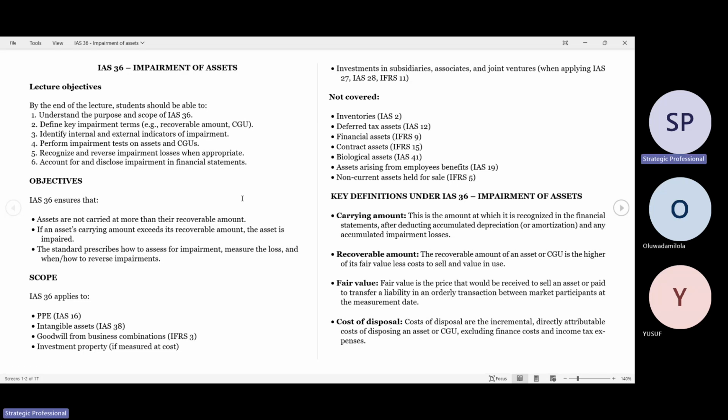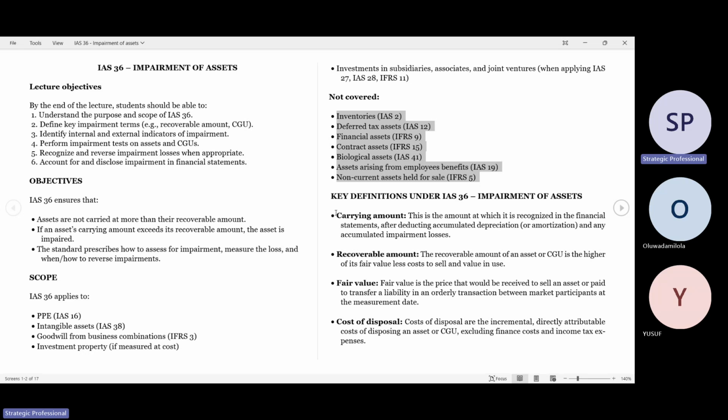So IAS 36 does not address valuation of trade receivables. And aside from trade receivables, the other ones listed on the screen, the inventory, tax assets, the major reason why they are not covered is because their respective standard addresses it. That is it. I hope I've been able to answer your question. Yes, sir. Thank you.